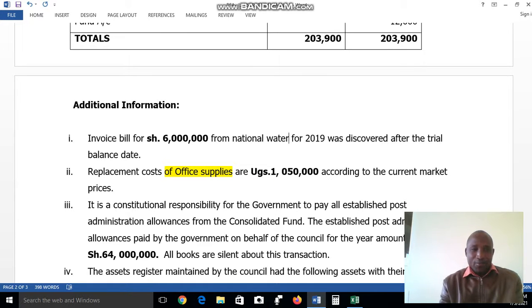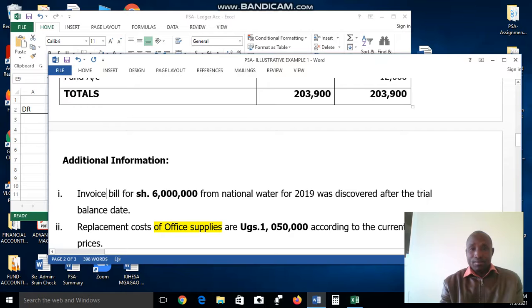If it is an invoice bill, National Water can give you a bill and you sit with it. So this was discovered later. It means National Water was demanding. So how can you handle this?